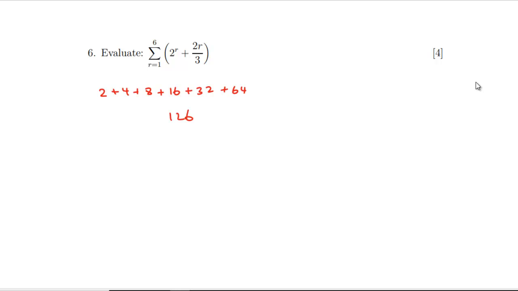And then we've got the other one. Let's do the 2/3. It's just going to be 1 plus 2 plus 3 plus 4 plus 5 plus 6, just taking that out. So it's 21 for summing the first 6 numbers. So 126 plus 14 is 140.